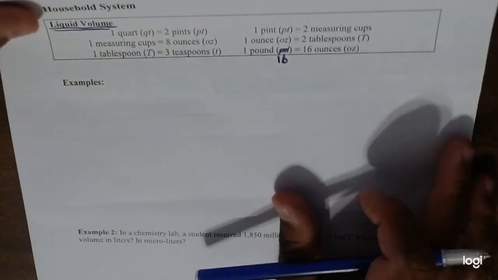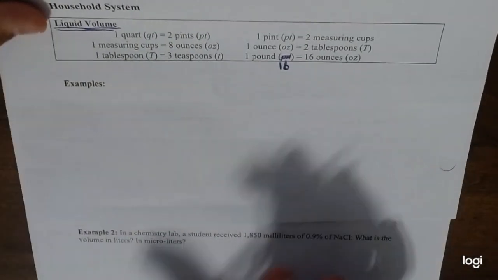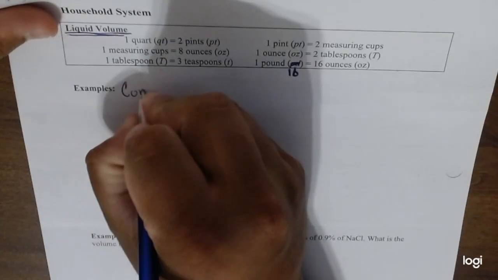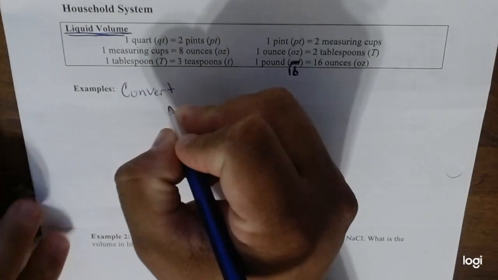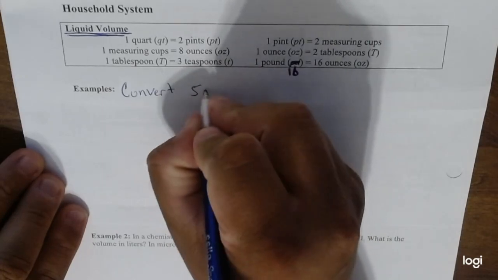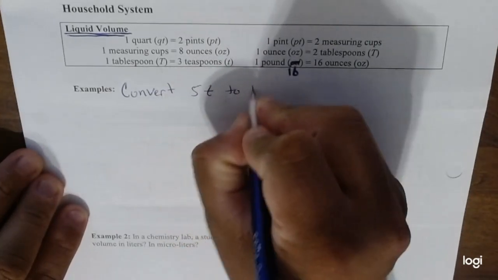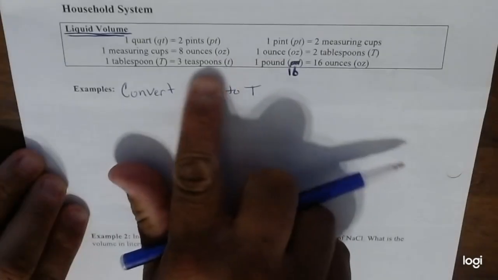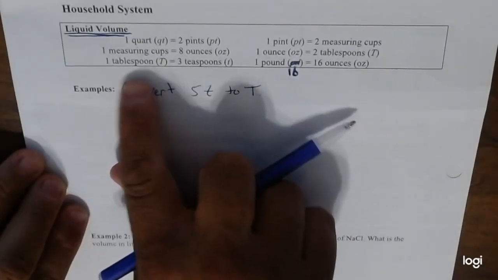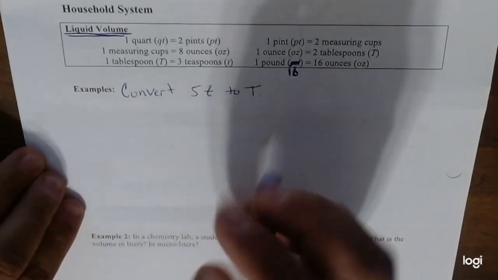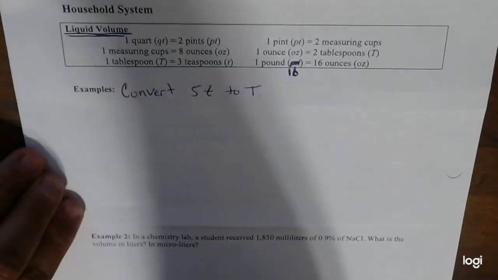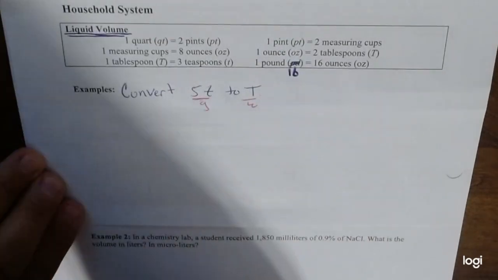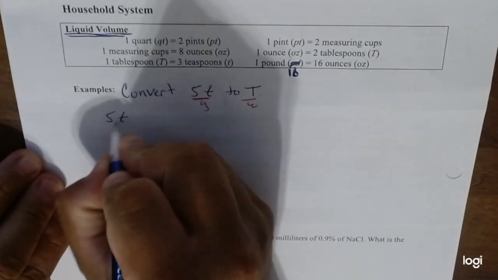Since we have a new system and new conversions, all we want to do is try some out. Let's do a couple of examples of converting. Let's convert 5 teaspoons to tablespoons. Little t is teaspoons, capital T is tablespoons. Using our conversion here, the same process we did before, always start with the given, 5 teaspoons.